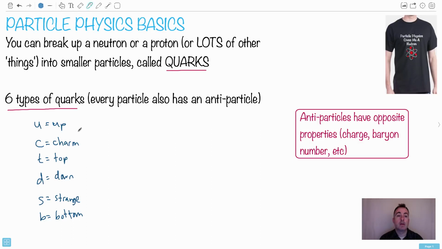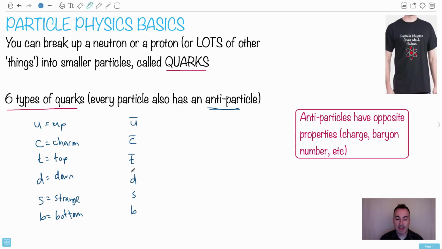However, each of the quarks has its antiparticle. Antiparticles have opposite properties. So, for example, charge, baryon number, lepton number, and strangeness. They all have opposite properties. So we'll write them down again: U, C, T, D, S, B, except for each of them, we put a line on the top.